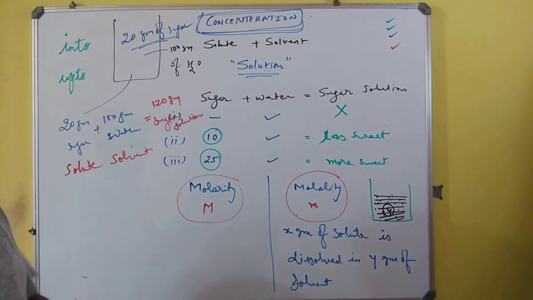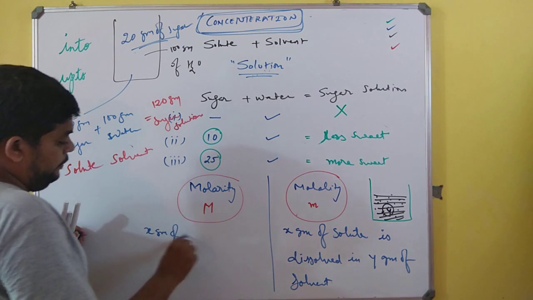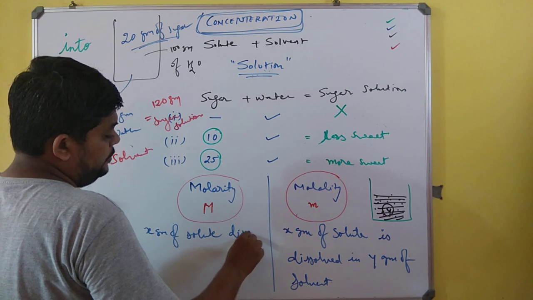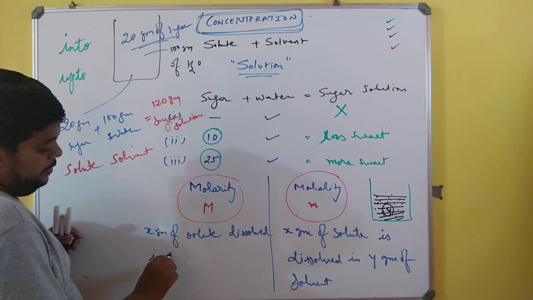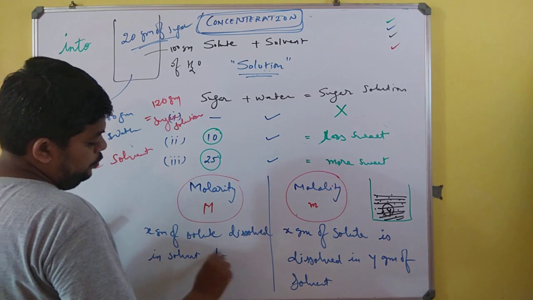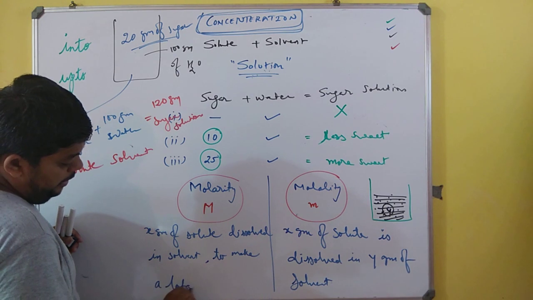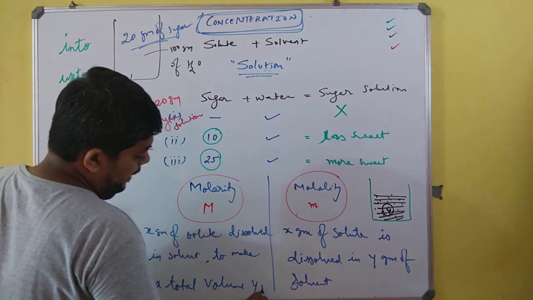We are adding solute, for example sugar, in a solvent, for example water. But on the other side, when we talk of molarity, it is a different concept. That is, x gram of solute dissolved in solvent to make a total volume of Y mL.